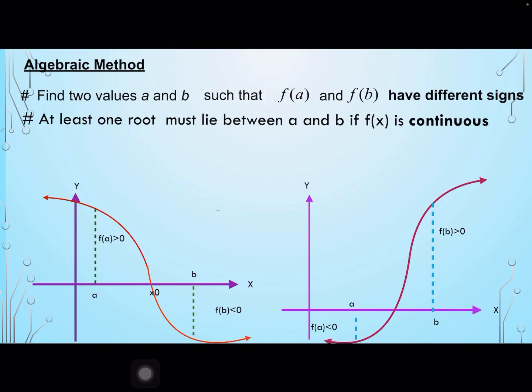And there should be a point where this curve cuts the x-axis to become a root of the equation. So we have here x naught as the root for this curve.